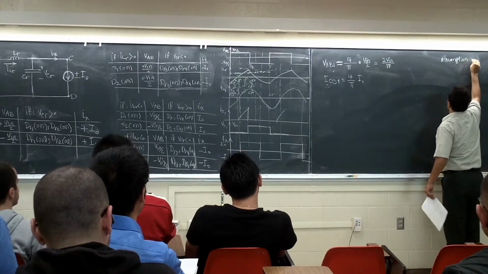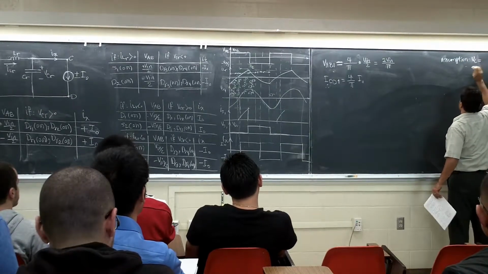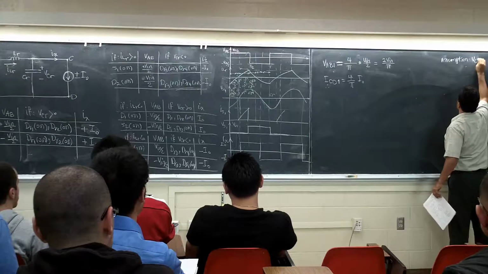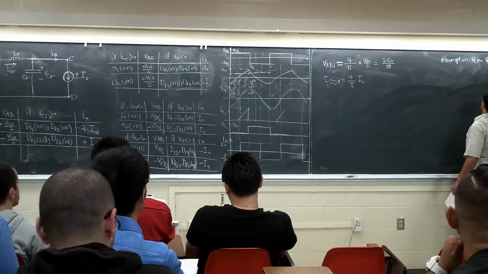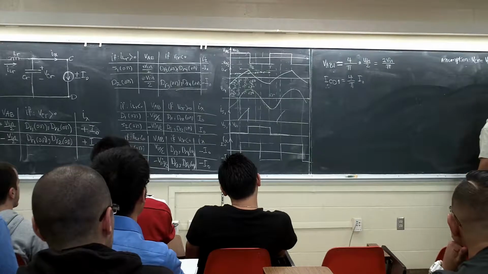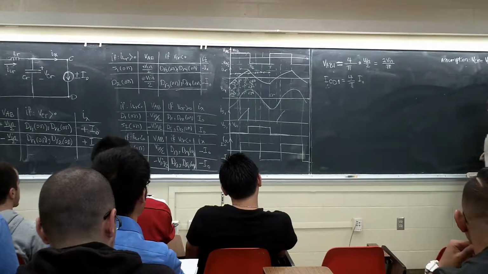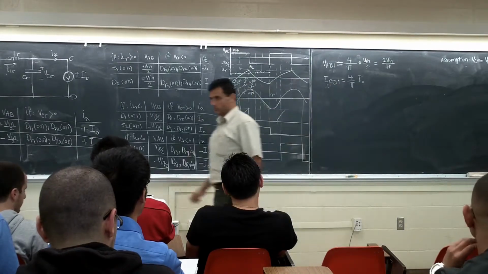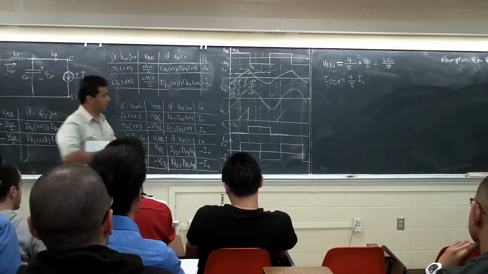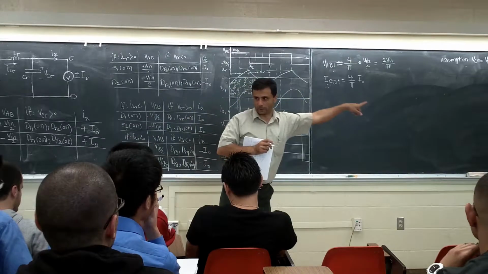We assume VCR is, for example, VCR1 sine of omega t plus something. We assume this voltage is sinusoidal, with the maximum value of VCR1.